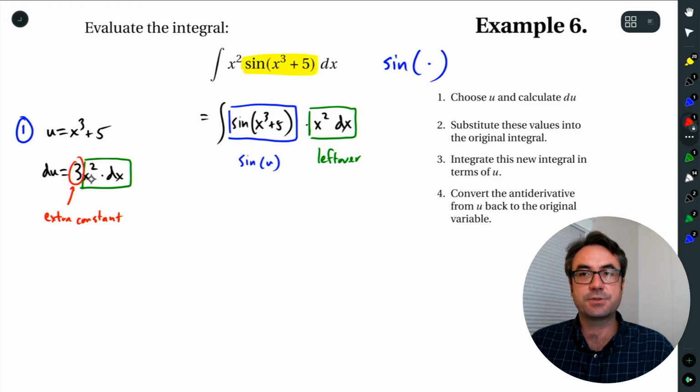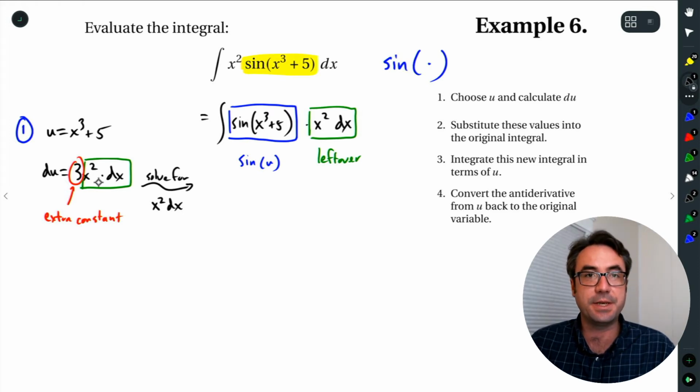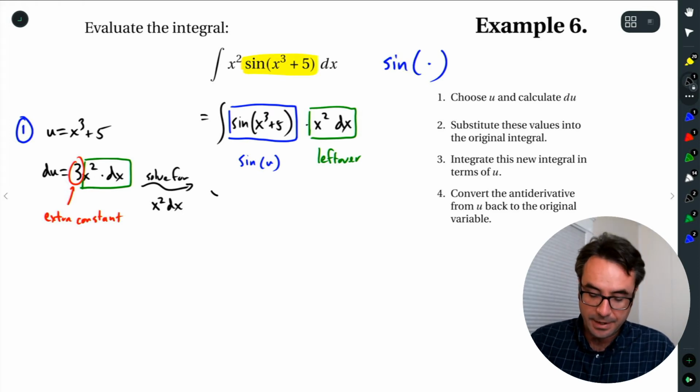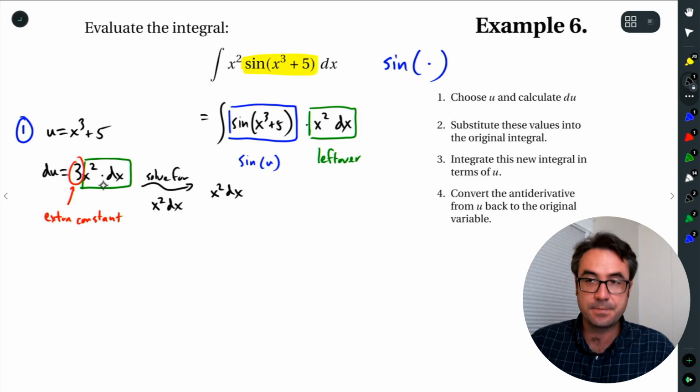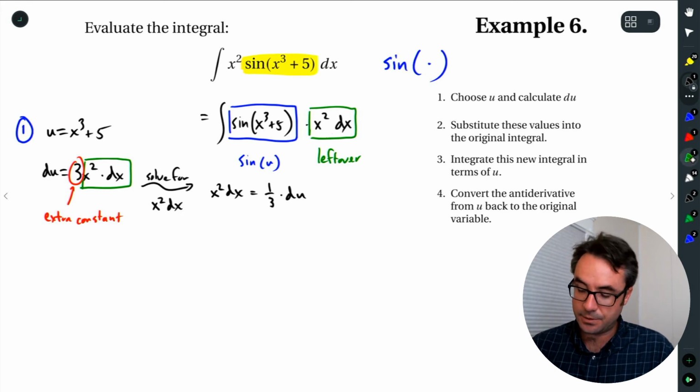So we have this x squared times dx. We're going to solve for this. We're going to move this constant to the other side by division. So we're going to solve for x squared dx, the leftover piece. When we do that, we divide both sides by 3. So this will be equal to 1/3 times du. And so this 1/3 du, that's what's going to go in right over here.